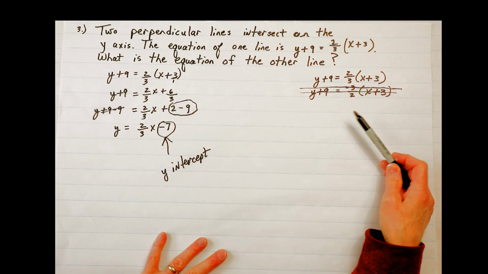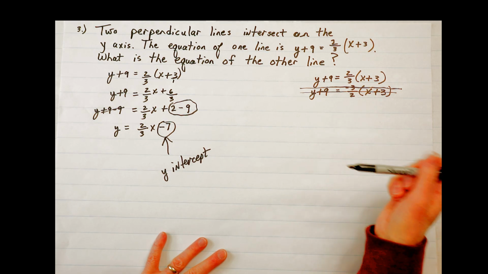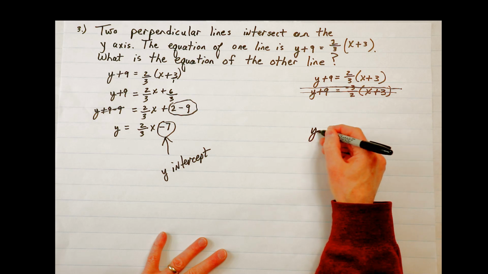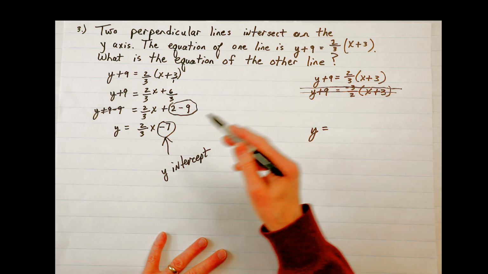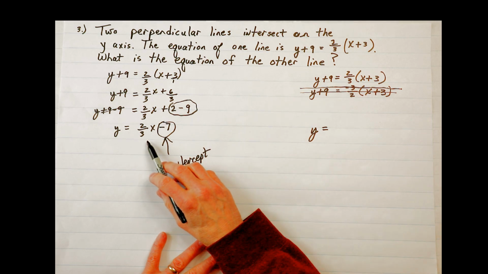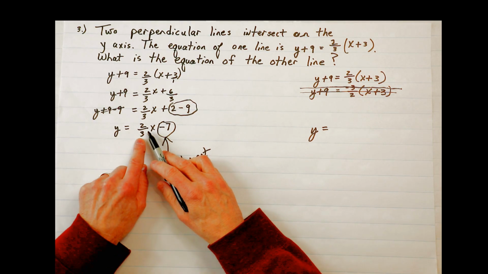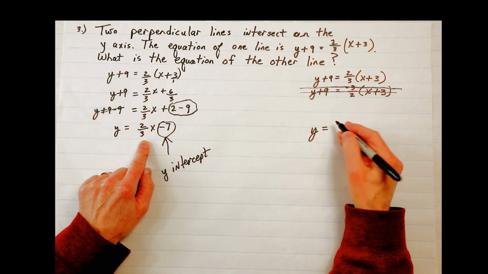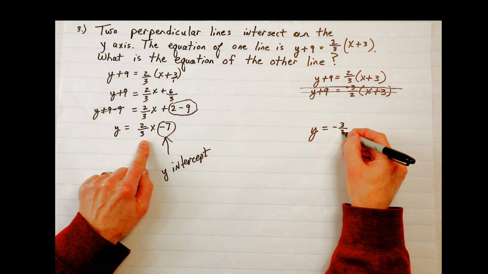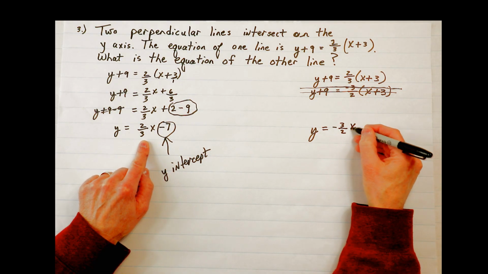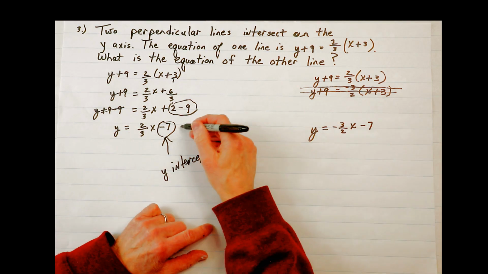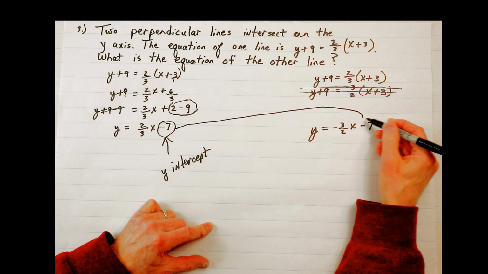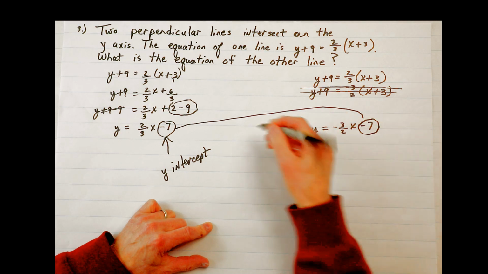Now, the easiest way to give the answer to this question is to give the negative reciprocal of the slope, because we know it's a perpendicular line. The negative reciprocal is minus 3 over 2 for the slope, x, and then the y-intercept is the same, so we have that.